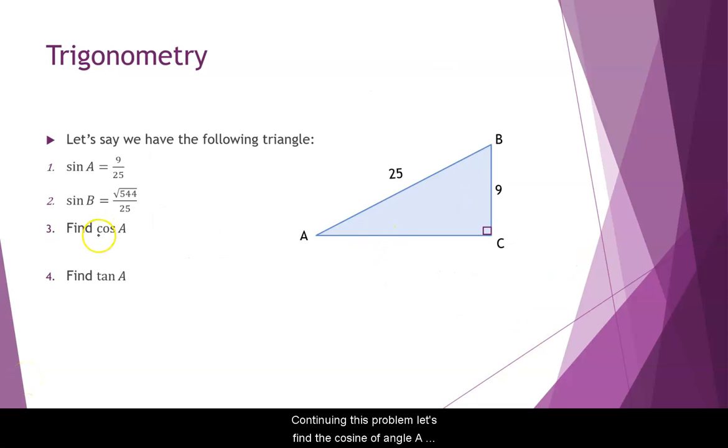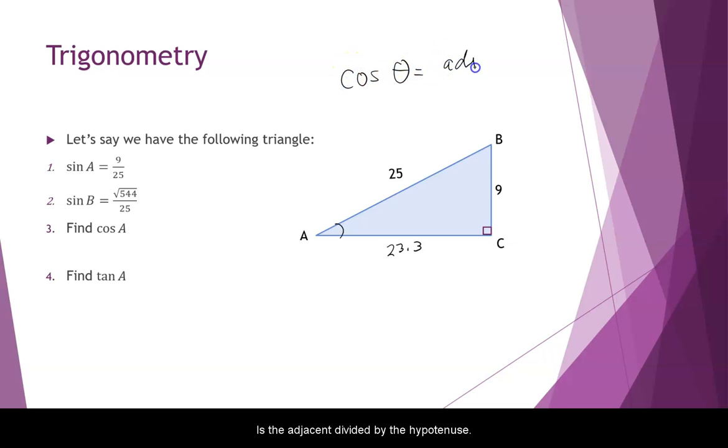Continuing this problem, let's find the cosine of angle A and the tangent of angle A. And again, I'm going to be using that value of 23.3 for side length B. The cosine of some angle is the adjacent divided by the hypotenuse.